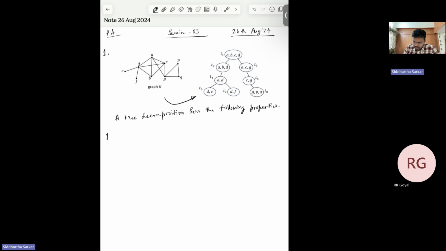So the first property is that every vertex is in some bag. These nodes of the tree decomposition are called bags.